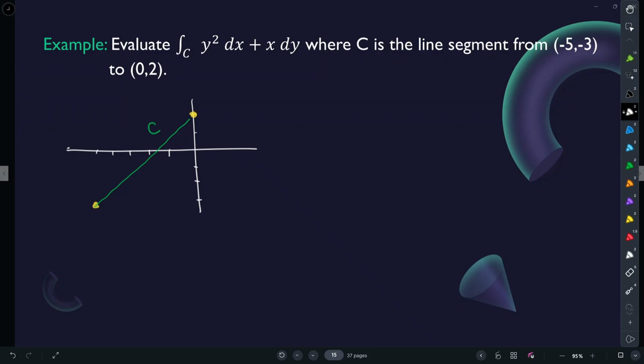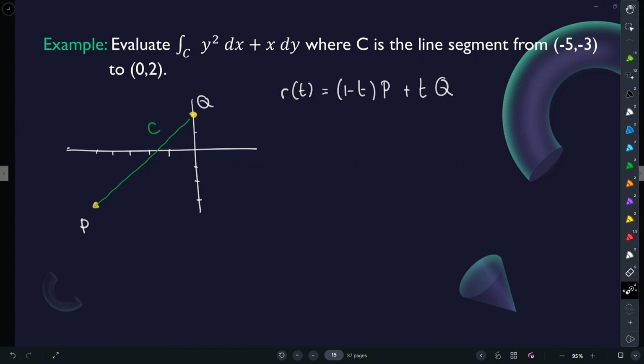And now I have to parameterize that path. This is what I was talking about before, that we have a formula for that. If I'm going from a point P to a point Q, I can start with (1 minus t) P plus tQ.